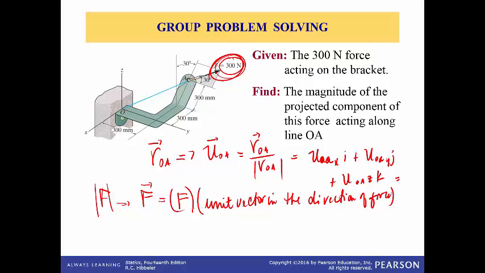So this is not a dot product. Then you'll obtain this force vector, and look at the example discussed in class. Once you have the force vector, then the force vector dot UOA would give me the magnitude of the force along the line OA.